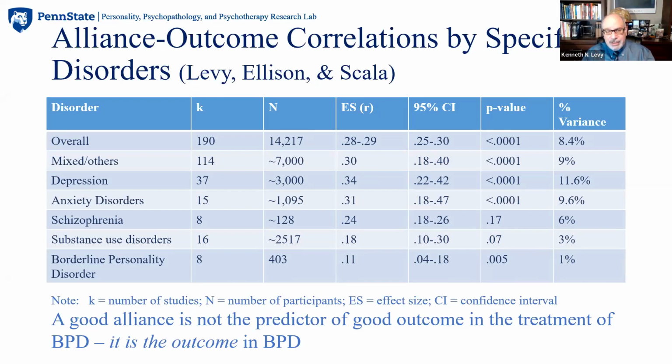I think that finding is important because it's naive to think that the way to treat these individuals is simply to have a good relationship and a good alliance. I think it's a much more complex process.